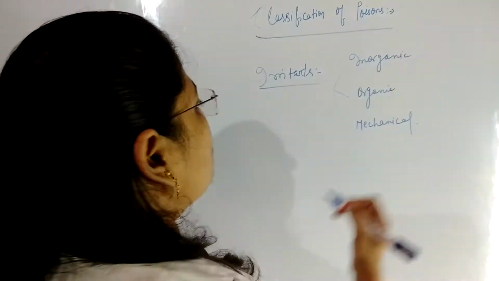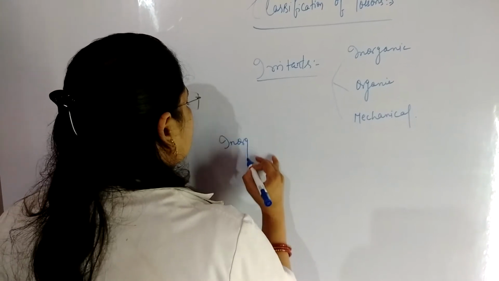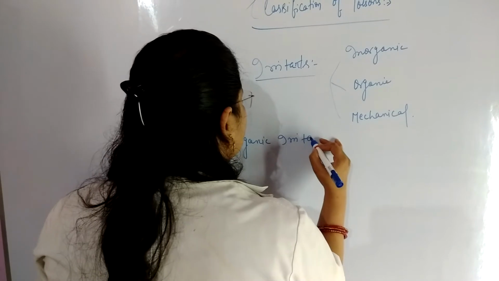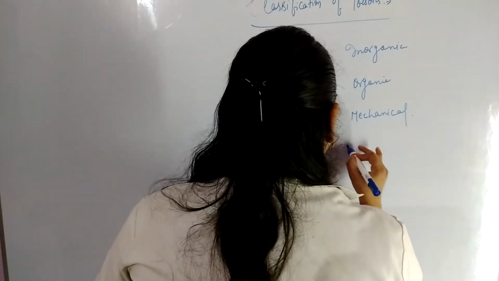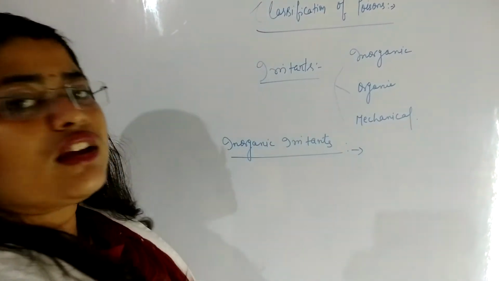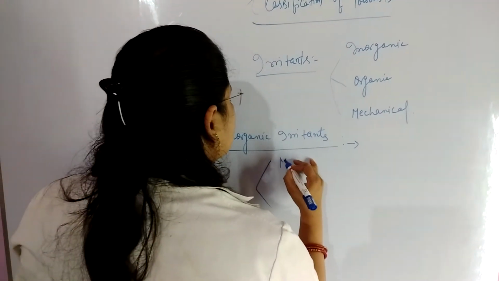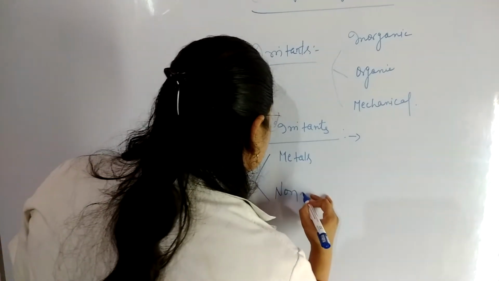Now, what are inorganic irritants? Inorganic irritants include metals and non-metals.